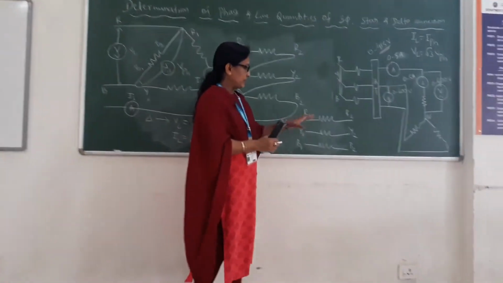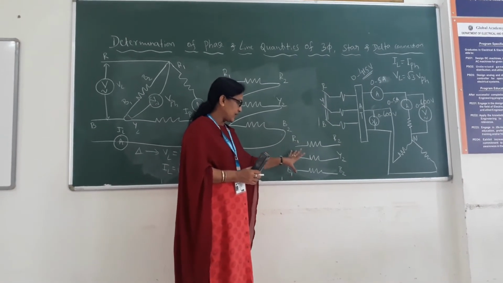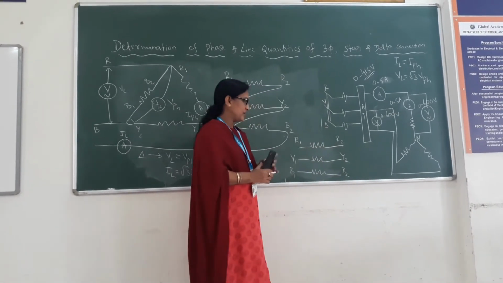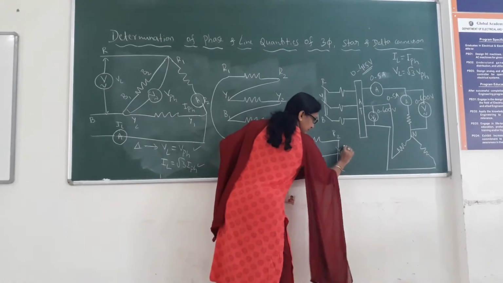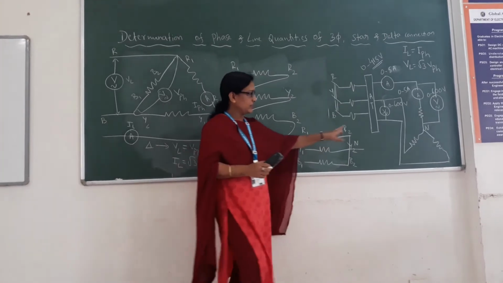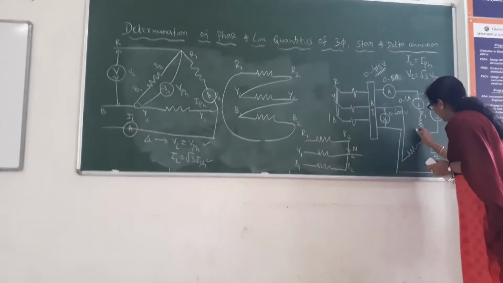Here when you are going to form the star connection, you are going to short either the starting terminal or the finishing terminal. So here I am going to short the finishing terminal. I am going to consider this as the neutral. Okay? So this is how exactly you are going to consider this. This is R1, R2.